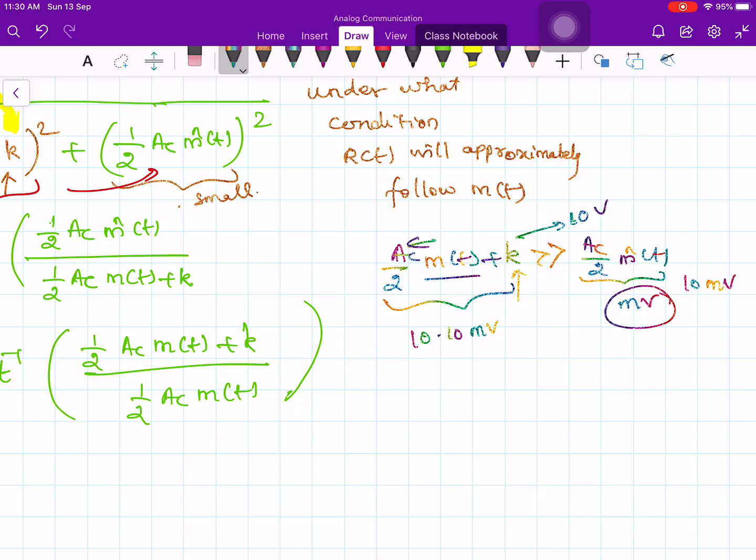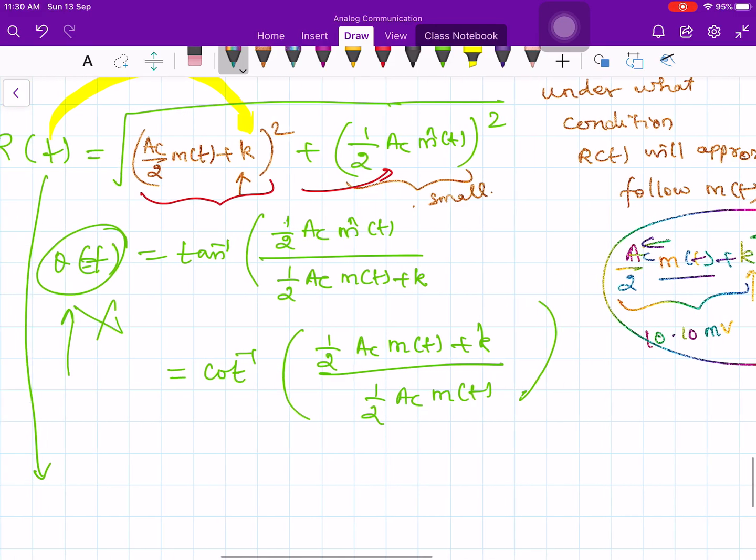Okay, much larger. So if you make this kind of assumption, that 1/2 AC m(t) plus k is much greater than AC/2 m cap(t) for all time, which can be easily done by choosing k to be a sufficiently large constant with respect to the other signal, then we can approximate R(t) as follows.